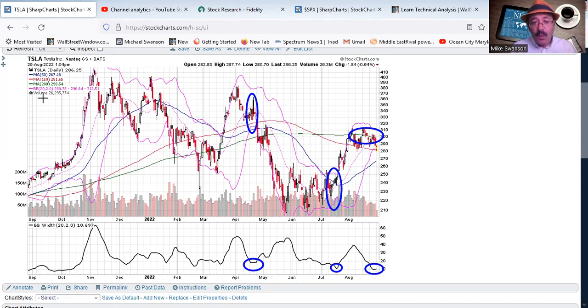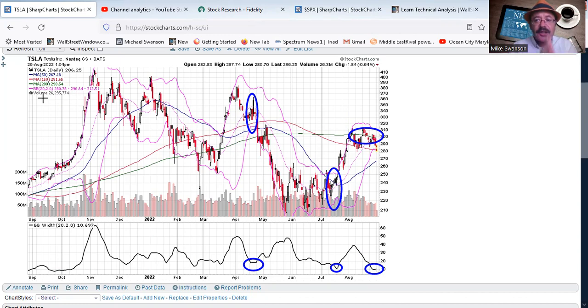Now, what happened though is in April, the bands contracted, and I drew that on the bottom of the chart. There's an indicator measuring the width of the bands. What happens is when the bands get wide, volatility increases, and then volatility naturally will contract at some point in time.